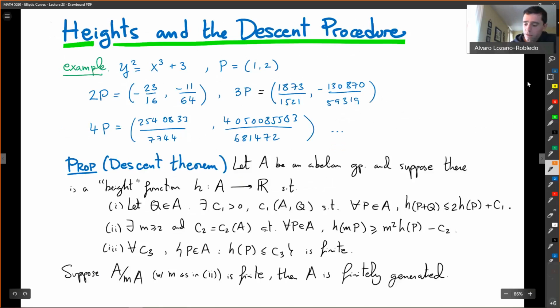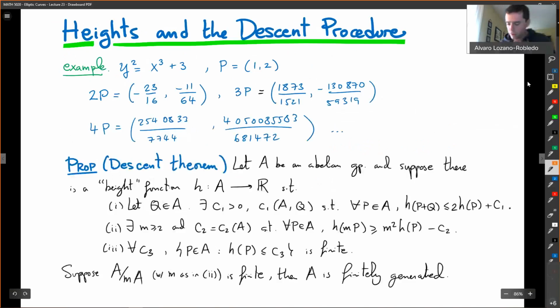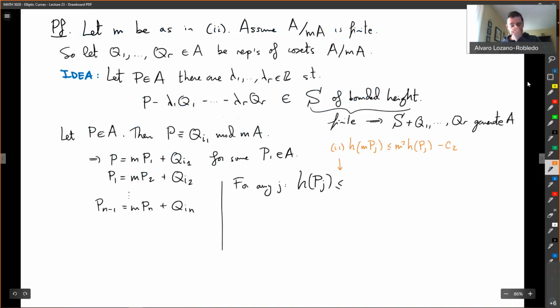The property 2 said this, right? The height of m pj is less or equal to m squared height of pj minus c2. That was a property, correct? Yep. Okay. So then using that property, this is less or equal to 1 over m squared height of mpj plus c2.